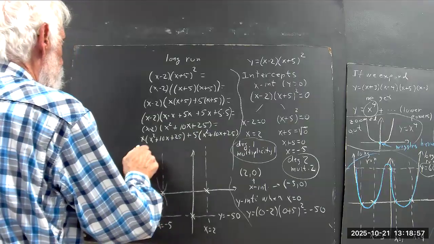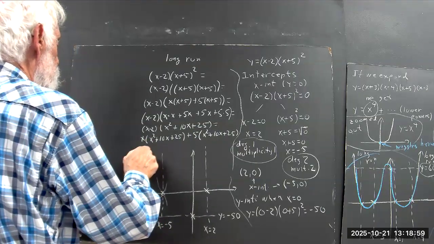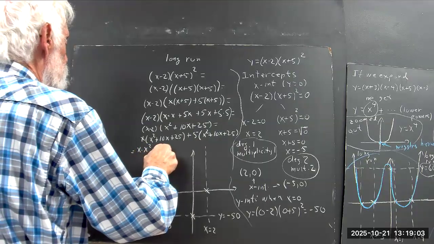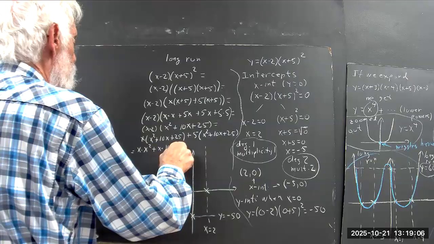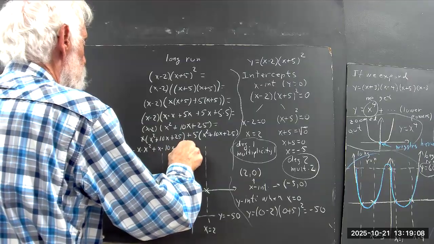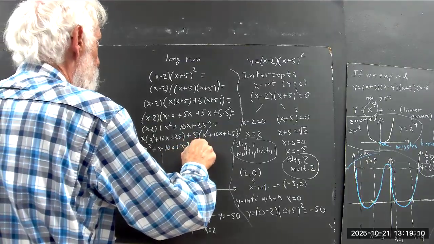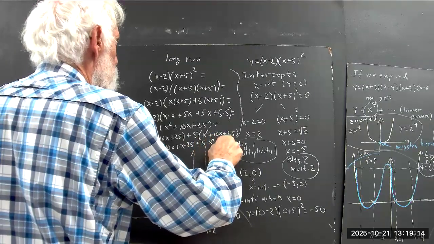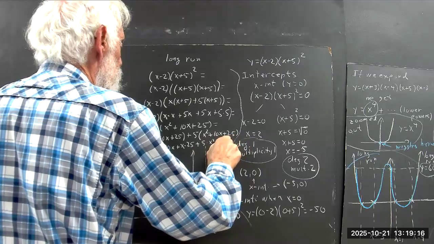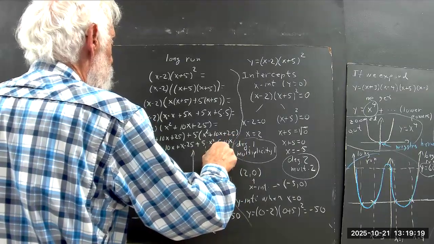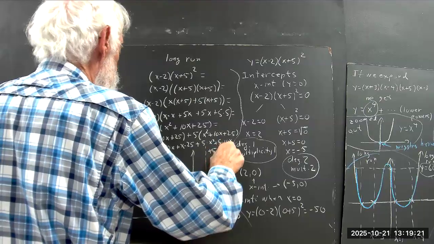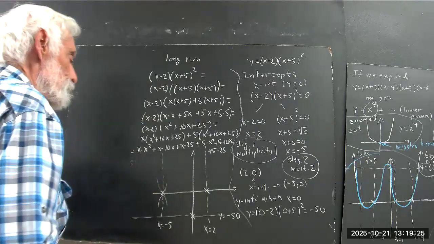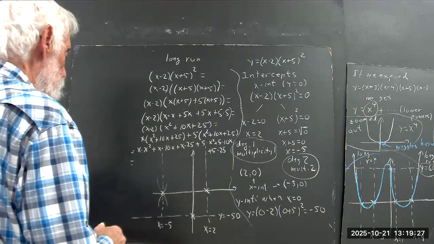And that equals x times x² plus x times 10x plus x times 25 plus 5 times x² plus 5 times 10x, and I ran out of room again. It'll be 5 times 25. Now, I'm going to skip a step just because I need a little bit of room here.